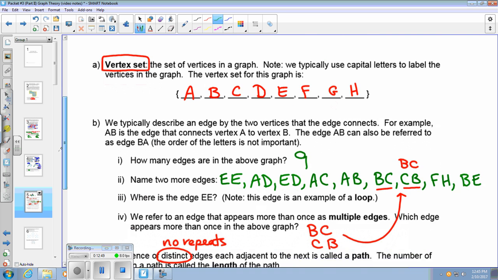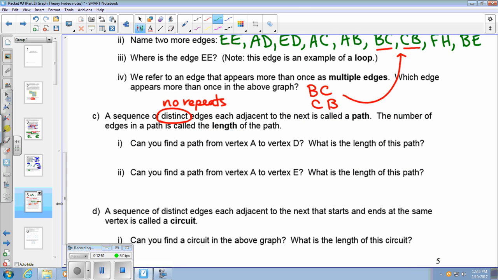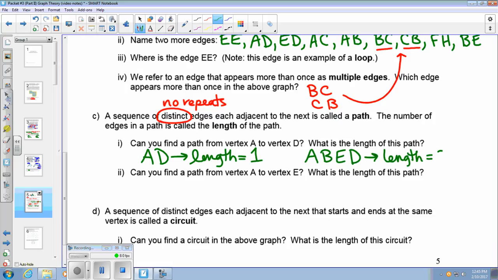You're starting at A and ending at vertex D. So again, one example, edge AD is your path and has a length equal to 1. A second example, we'll name it by the vertices it goes through in the order that it goes through, is ABED, and that has a length equal to 3 because it has 3 edges in that path.